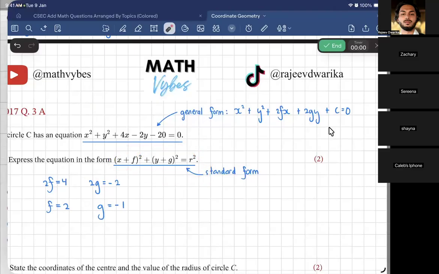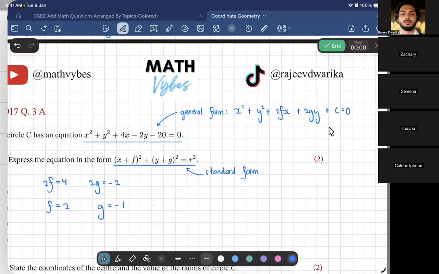X and Y. No, you don't find X and Y, you leave X and Y as is. R squared, sir. Yeah, you have to find R. Is there a formula you could use to find R? The square root of F squared plus G squared minus C.